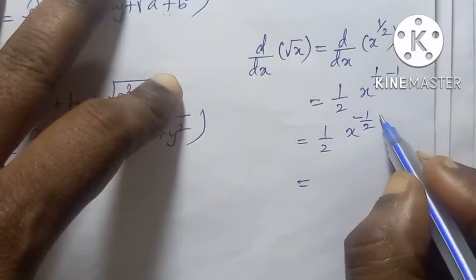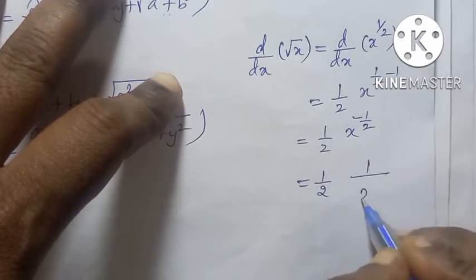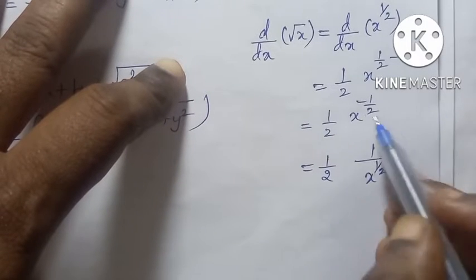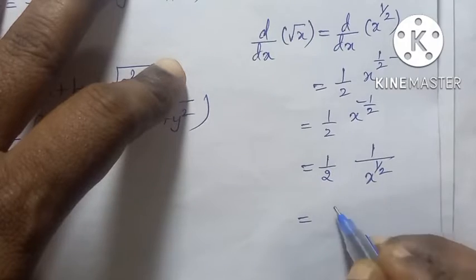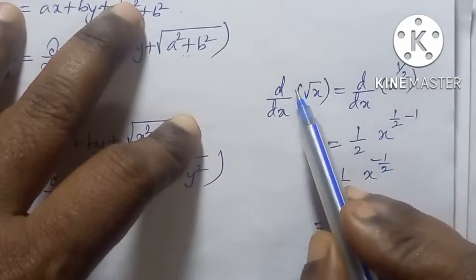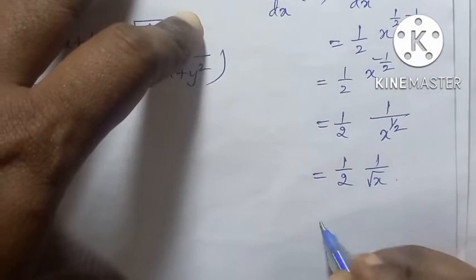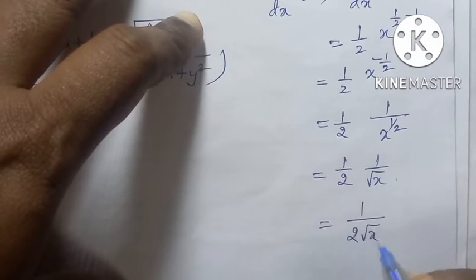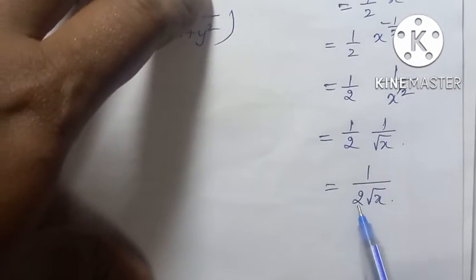When we have x^(−1/2), let us bring the term down: 1/2 into 1/x^(1/2). The power becomes positive when you bring it down. So x^(1/2) is √x, which gives 1/(2√x). So the differentiation of √x is 1/(2√x).